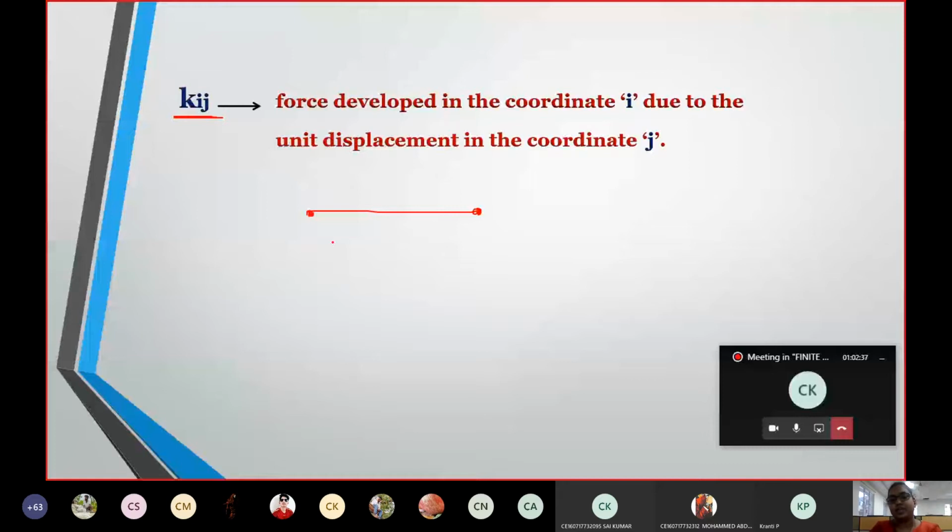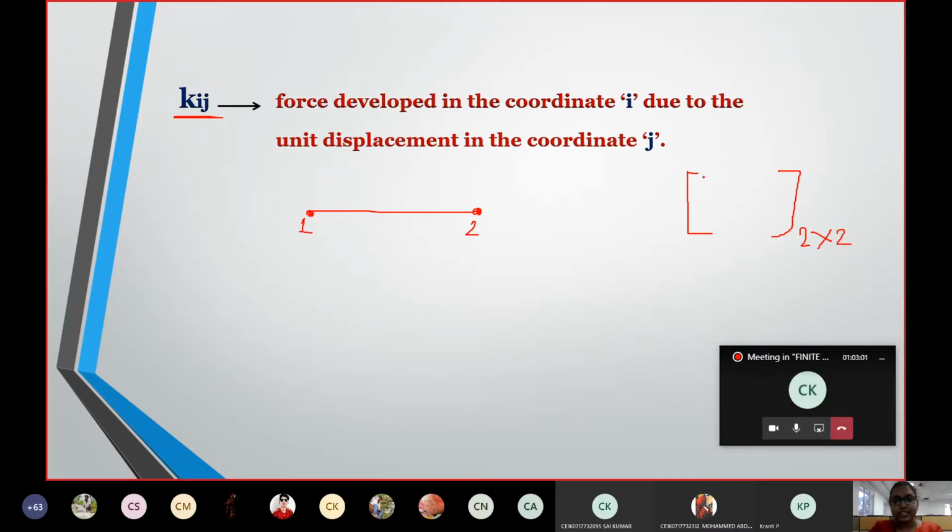Kij is the force developed in the coordinate i due to the unit displacement at coordinate j. These coordinates are the nodes or the boundary positions we take. Let us think of a bar with 2 nodes, so I have coordinate 1 here and coordinate 2 here. Because this is a two-noded element, I get a matrix of 2 by 2.